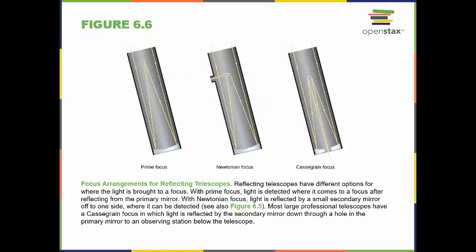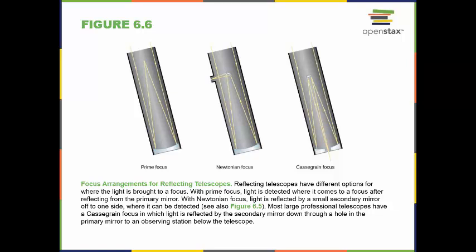So if we take a concave mirror, we can make a telescope, and any light rays that come in parallel go to the prime focus. With a Newtonian focus, we use a secondary mirror and send the light out to the side of the telescope just because it's more convenient, and we can put the eyepiece there and magnify the image, and it's easier to operate the telescope.